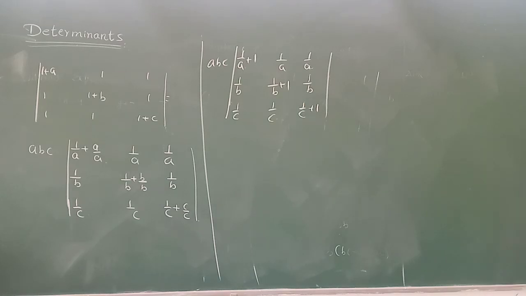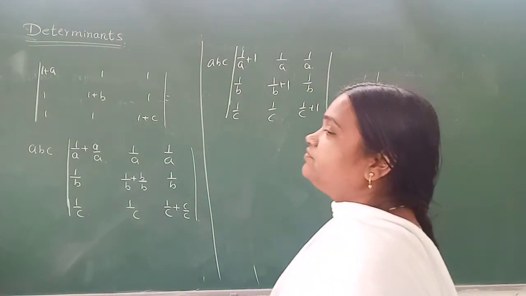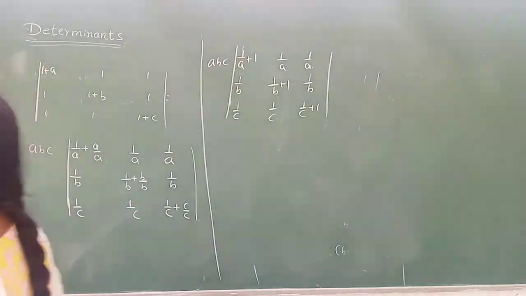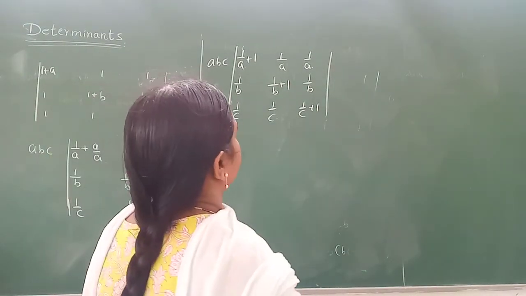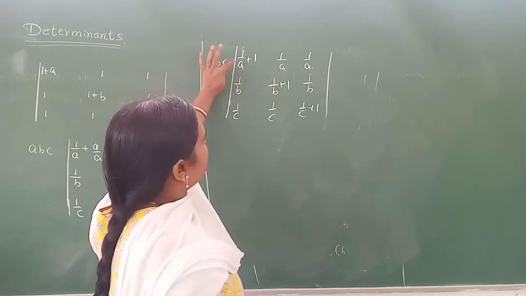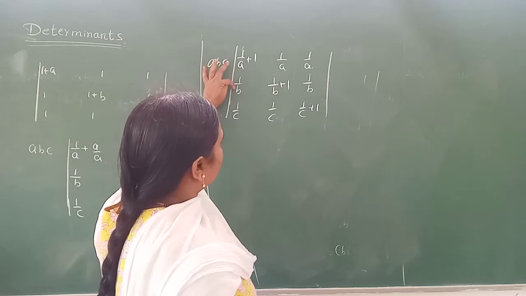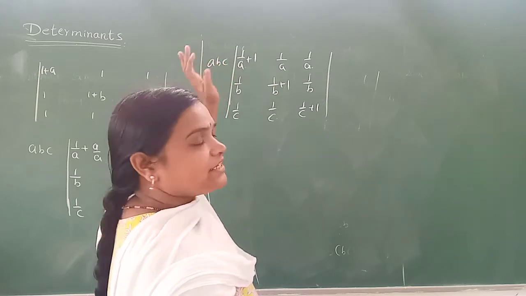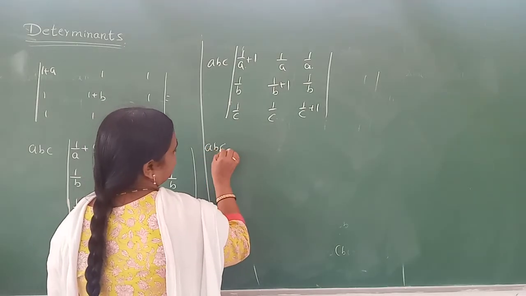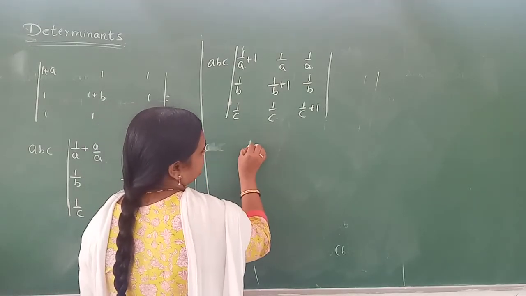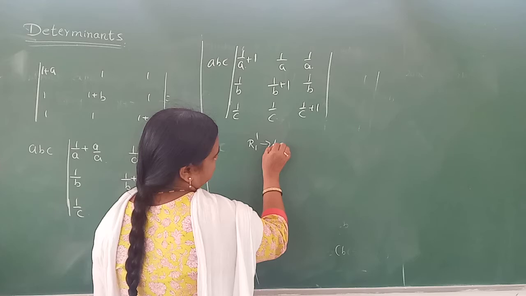Okay, and next see, we want here 1 plus 1 by A, 1 by B, 1 by C. For that, if I apply R1 to R1 plus R2 plus R3, we can get the answer. Please practice it, only by practice do we get the answer.